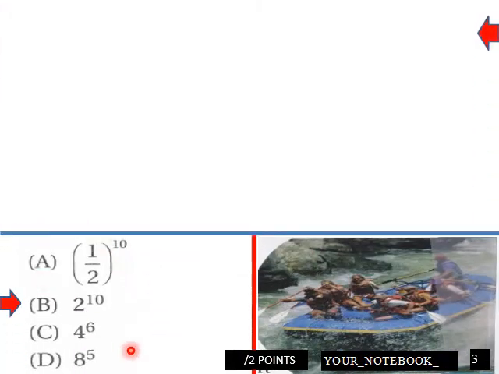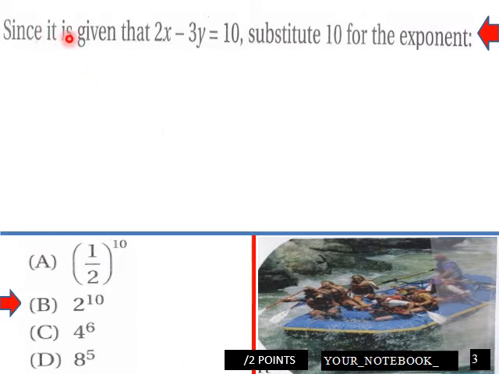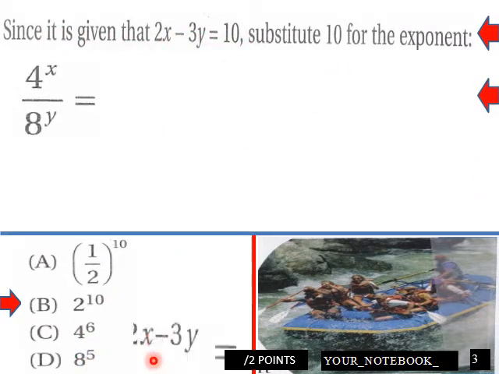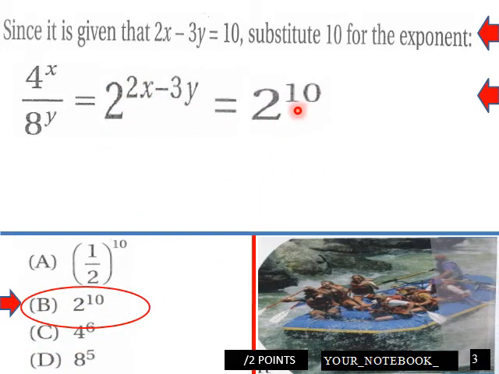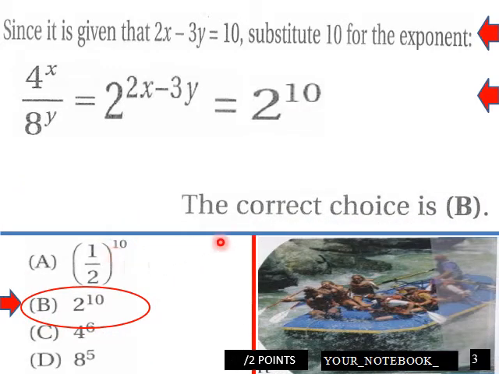Here are our solutions. Since it is given that 2x minus 3y equals 10, substitute 10 for the exponent here: 2x minus 3y equals 2 to the 10th. So that would be the solution, 2 to the 10th.